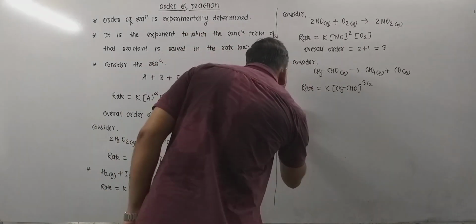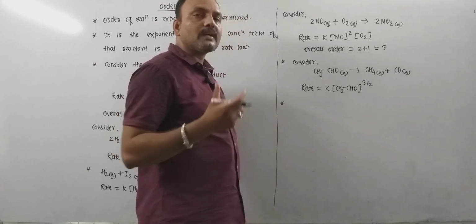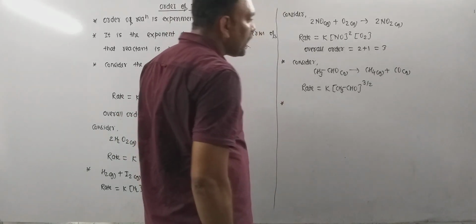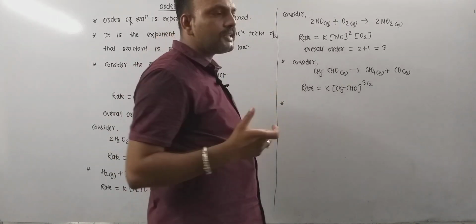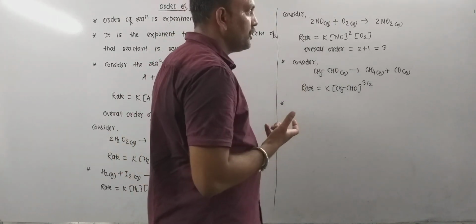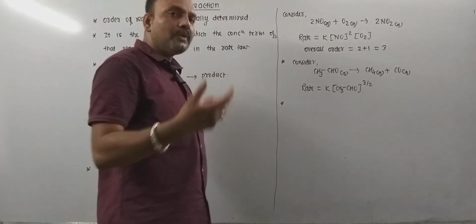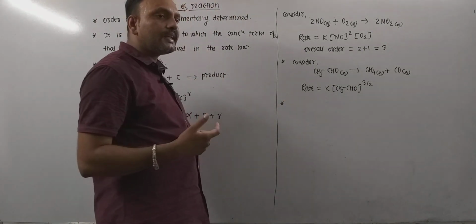Now order can be 0 as well. So what exactly is a 0 order reaction? Remember, 0 order reactions are independent of the concentration of the reacting ingredients, and those reactions proceed with the same rate. We will discuss 0 order reactions in detail later.